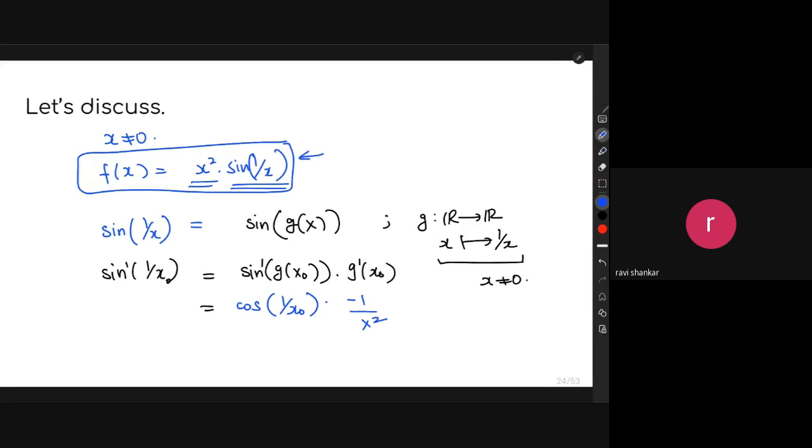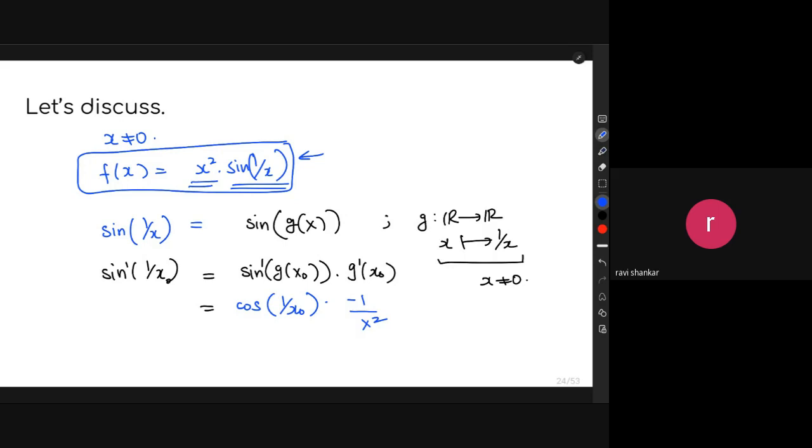Sir, what is g of x? Is it a product of two differentiable functions? So this g of x is the function that I'm defining.